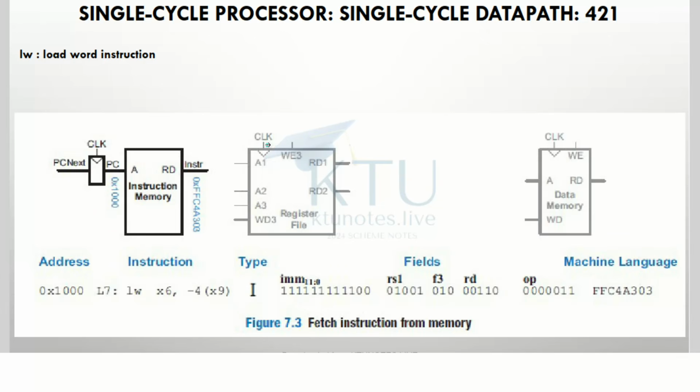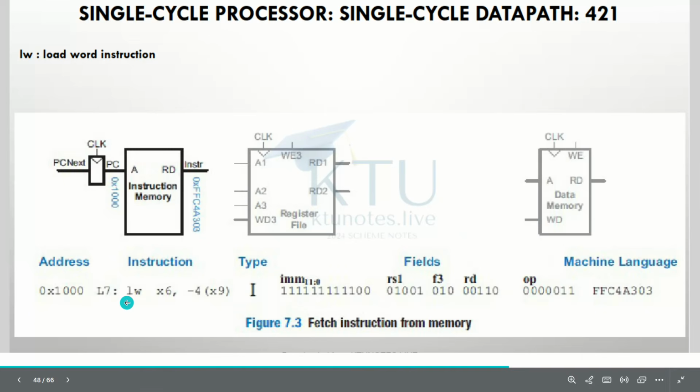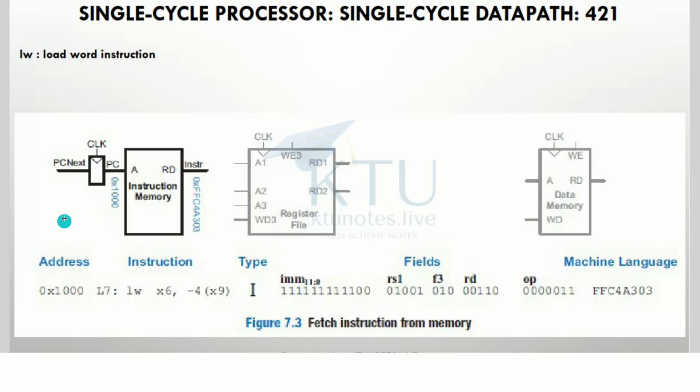This is the basic structure of the single cycle processor, which we have already learned in the previous videos. The basic things in a single cycle processor are the PC, which we have learned about in the previous videos, so do check that out, and then the instruction memory and data memory.